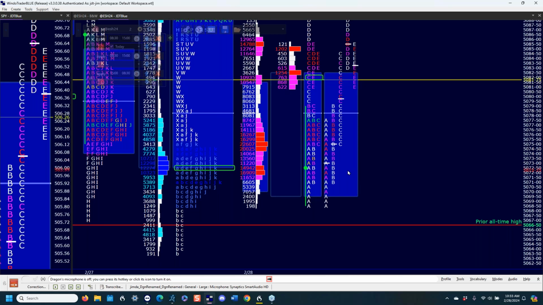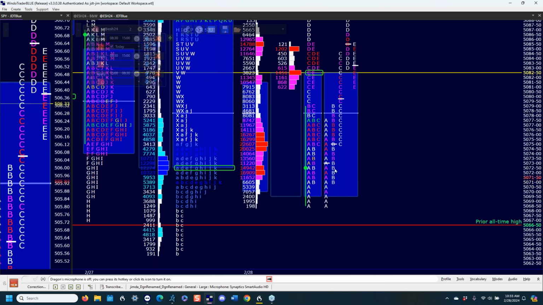And then they get long and they get caught. This looks like the typical trap, short term. You get short covering from overnight inventory. People that don't understand that it's short covering, all of a sudden they get all excited and they get long and they get caught and they get the whipsaw.